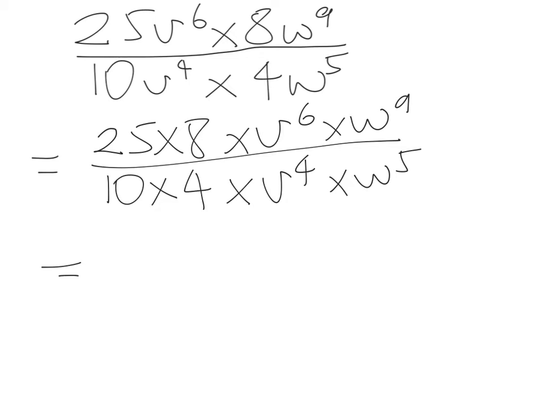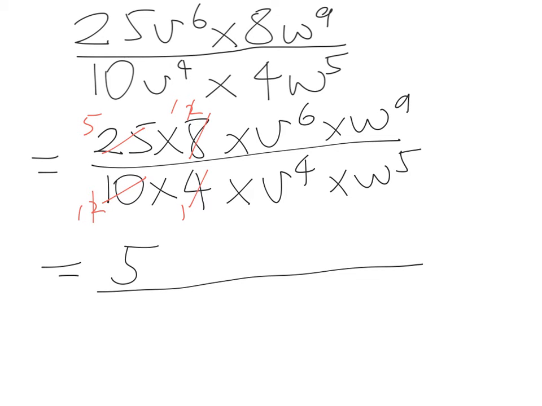So let's do that. 4 goes into 4 once, 4 goes into 8 2 times, 5 goes into 25 5 times, 5 goes into 10 2 times. So that means we've got 10 over, I can cancel again. 2 goes into 2 once, 2 goes into 2 once, so I end up with just 5. So the numbers simplify down to 5.